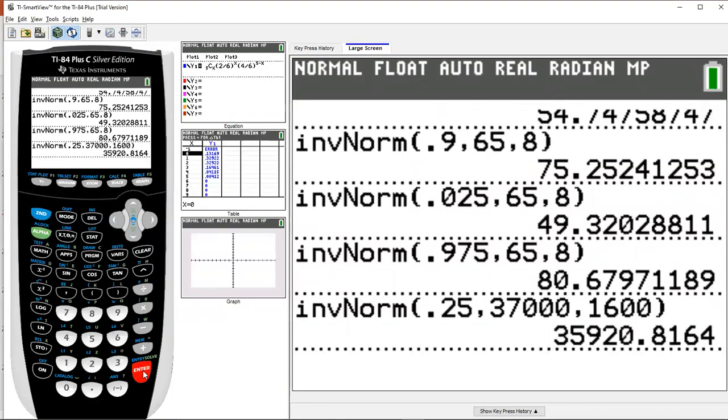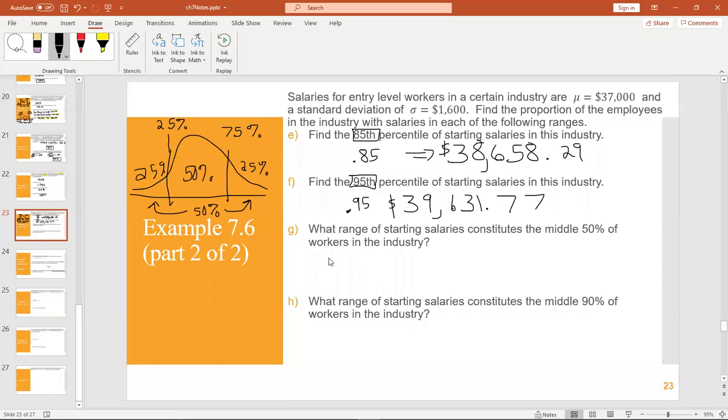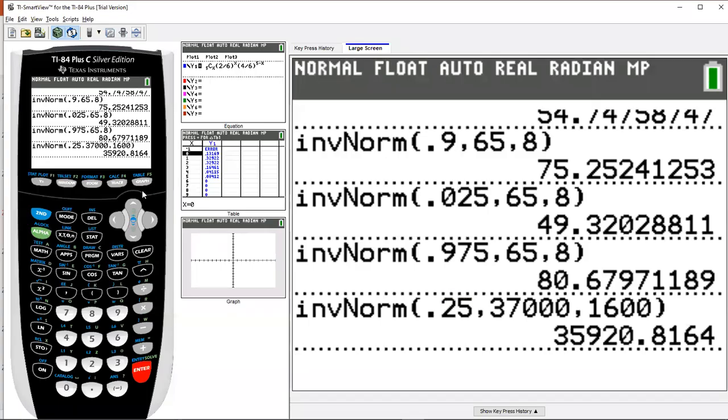You get 35,920.82. So for 0.25, you get 35,920.82. And then for 0.75, let's see what that is.